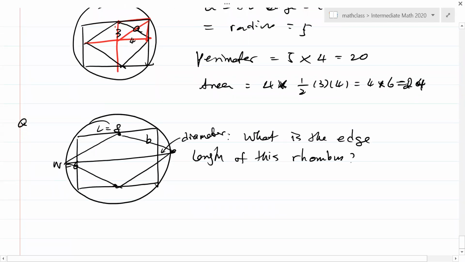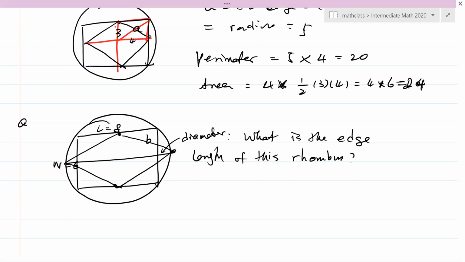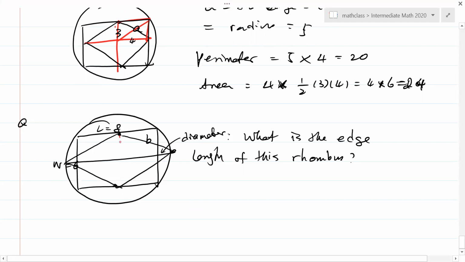Now let's do the last problem. What is the edge length of this new rhombus? How do you find this? This is a right triangle, right? The width is 6, so this side is 3.